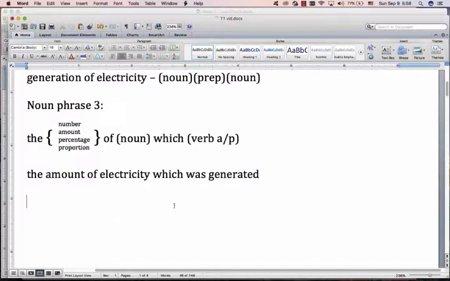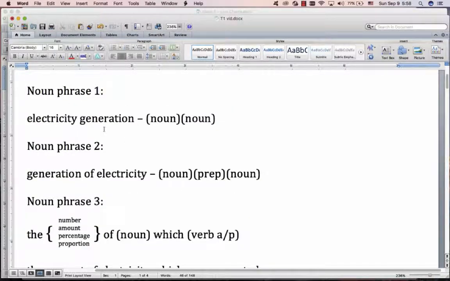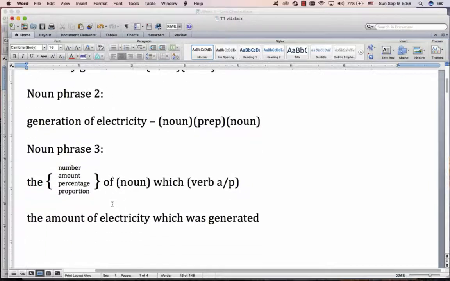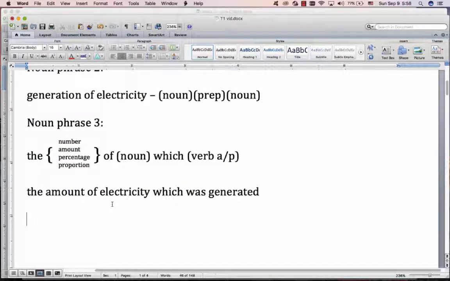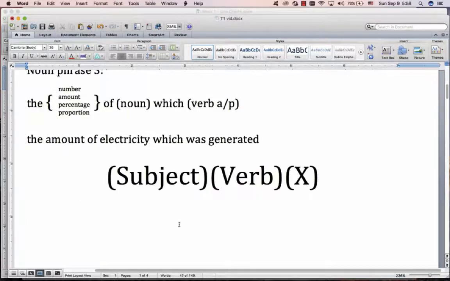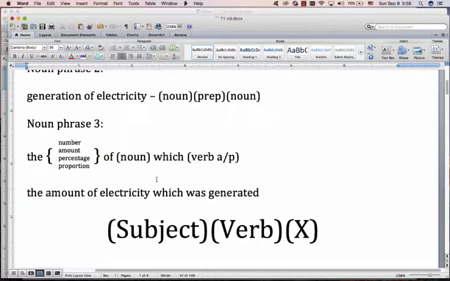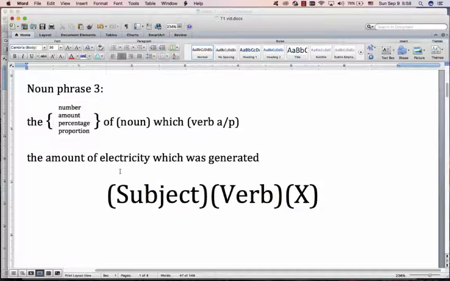Right, now I just want to repeat, we are putting these noun phrases in the subject of our sentence. Let's look at the sentence structure. Here's our sentence, subject, verb X. We're putting these noun phrases in here. I don't want you to put them there. No, only in the subject.